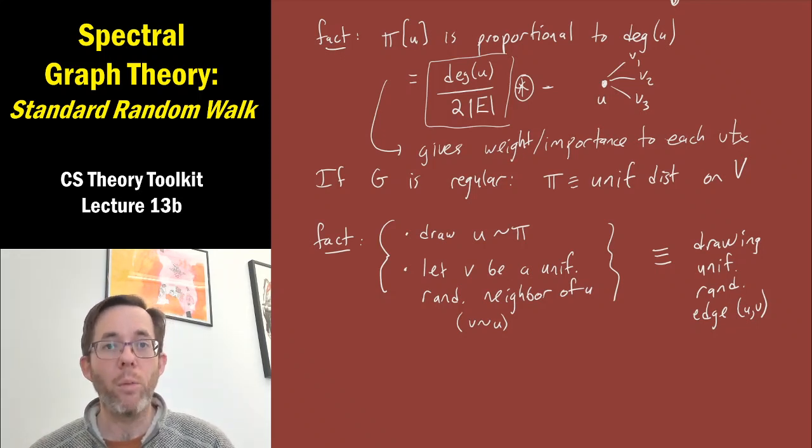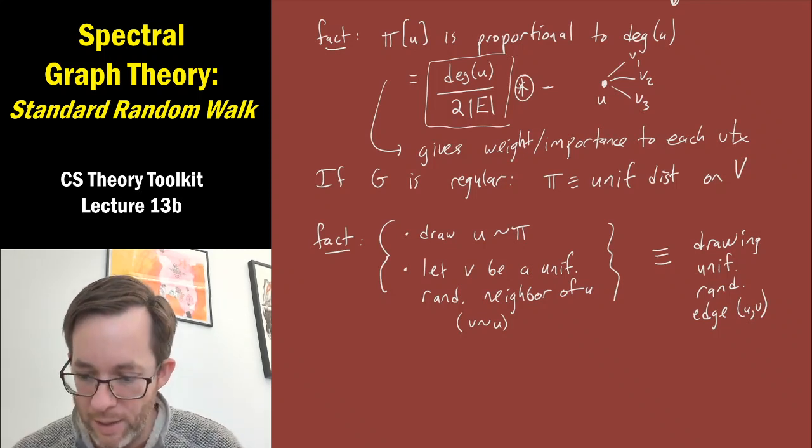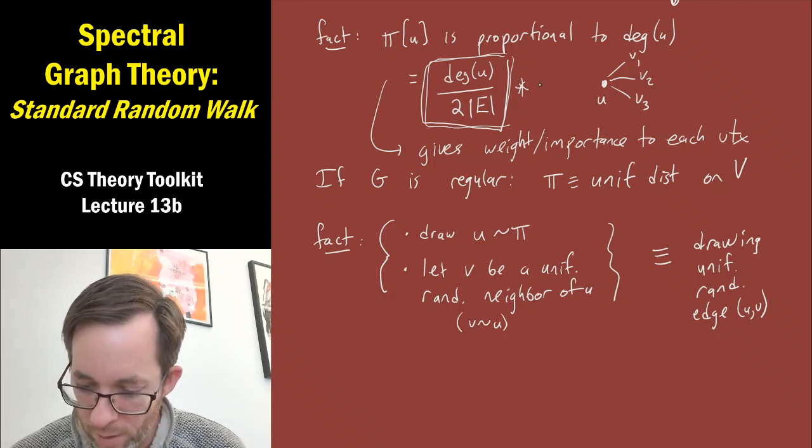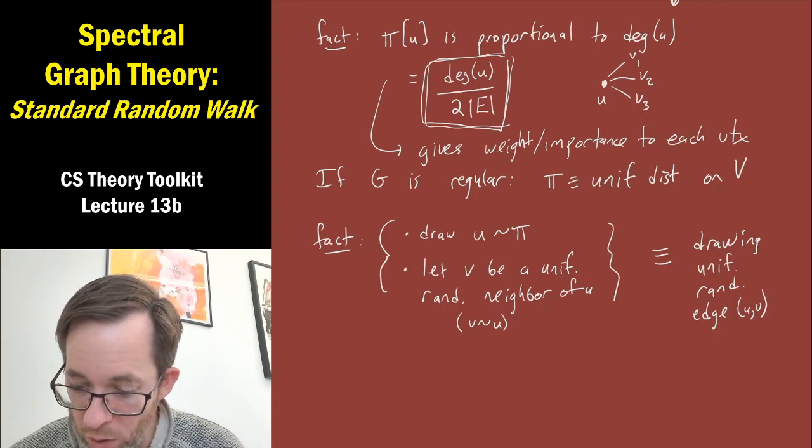So the probability that we'll choose u and v together is this quantity here, the degree of u over 2 times the number of undirected edges in the graph, times 1 over the degree of u.